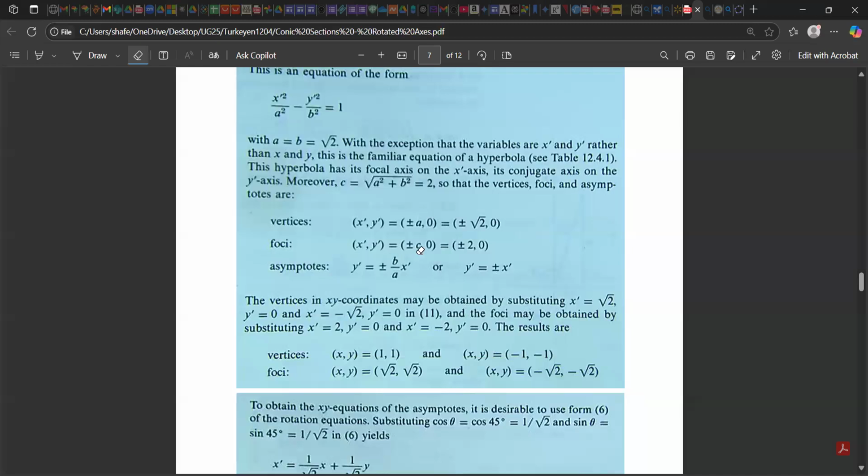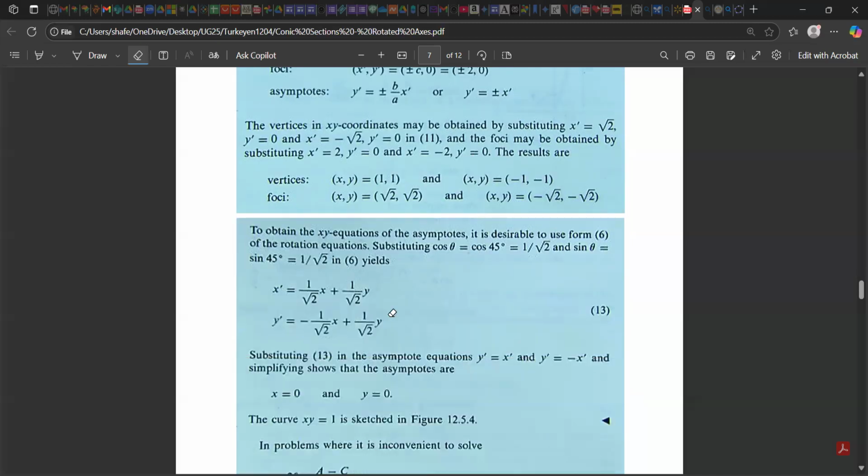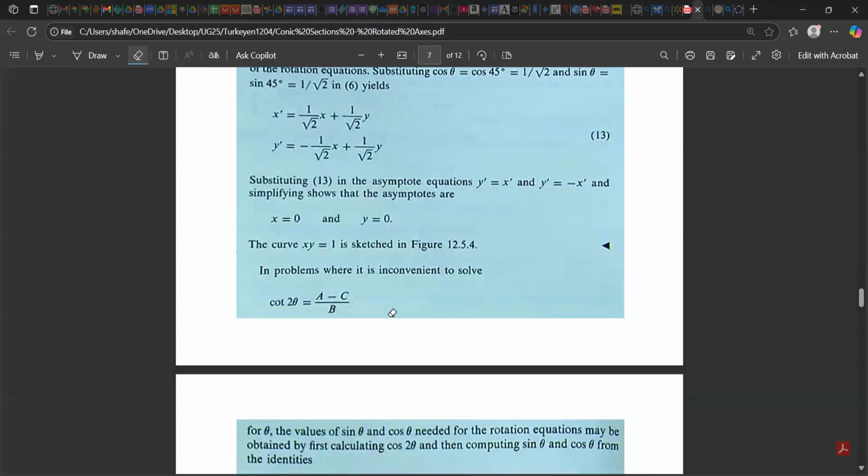They're showing you how to get the foci, to get the vertices, the asymptotes if need be, right? And you're actually seeing the asymptote is the x prime axis, right? You'll see when you put in the numbers inside all of it, you get them. And when you bring it down here now and you sketch the graph, you're going to get this here.